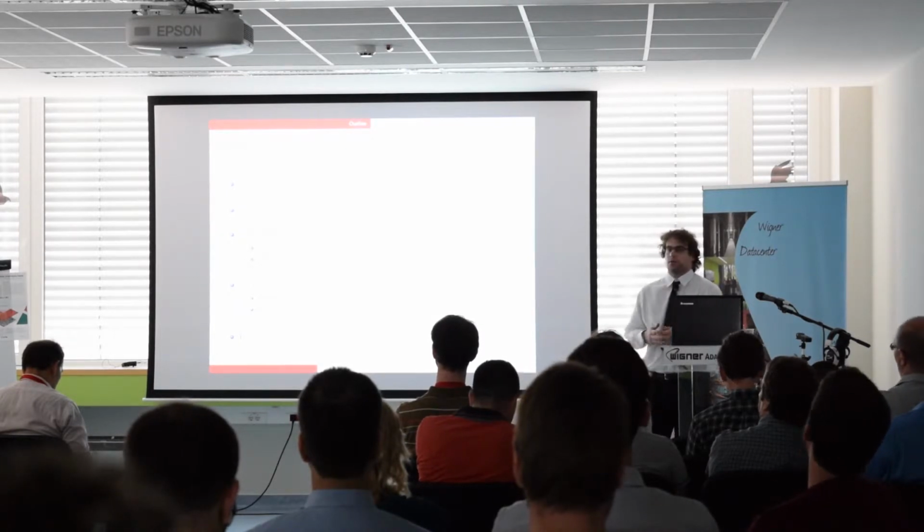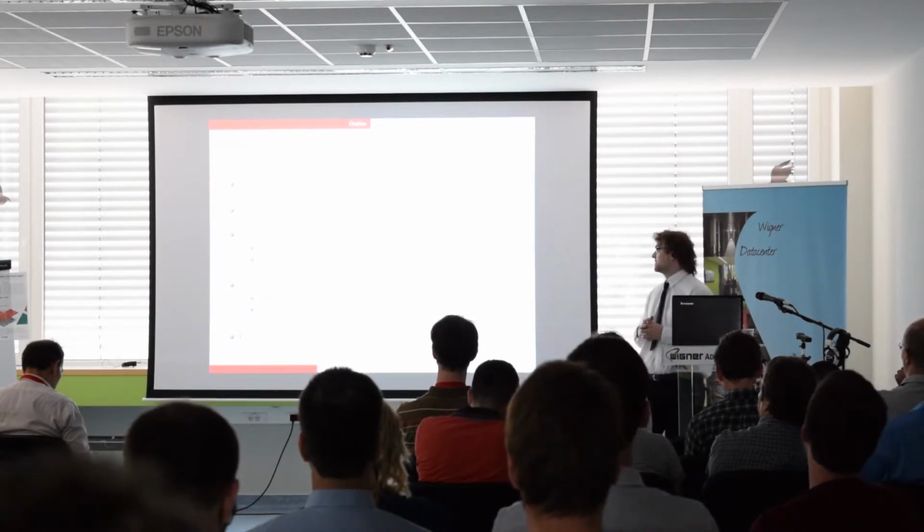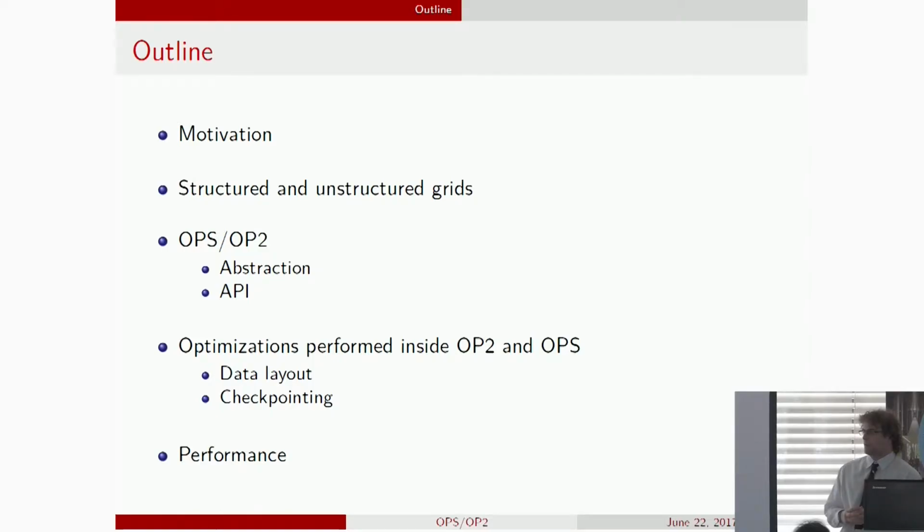I will show a little example of how to use these libraries, then talk a little bit about the optimizations performed automatically inside the libraries, and show some results that the library is capable of.